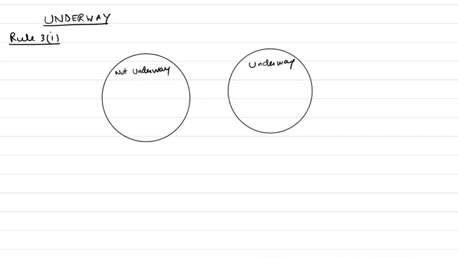So we are saying the vessel is not at anchor, made fast ashore or aground. But if it is at anchor, aground, or made fast ashore, that means it is not underway. Otherwise, it is underway. So underway is going to have two categories: it is stopped or it is making way.